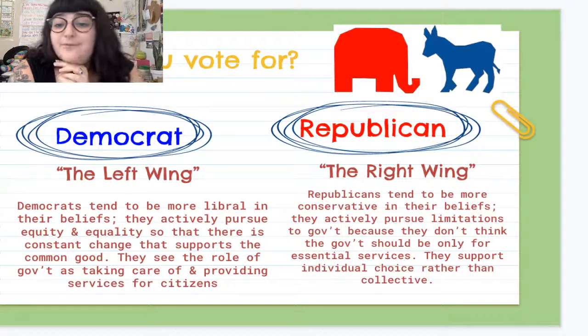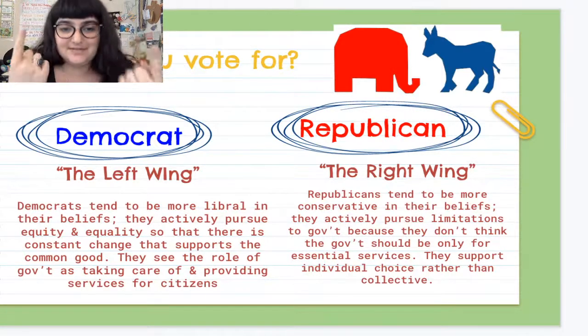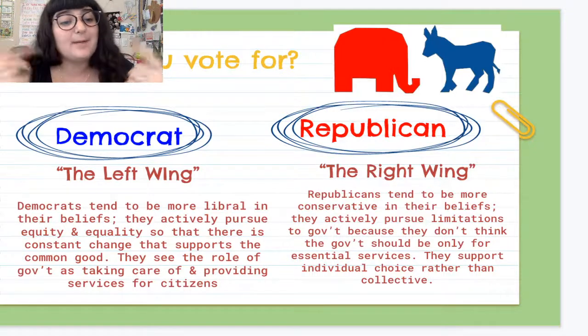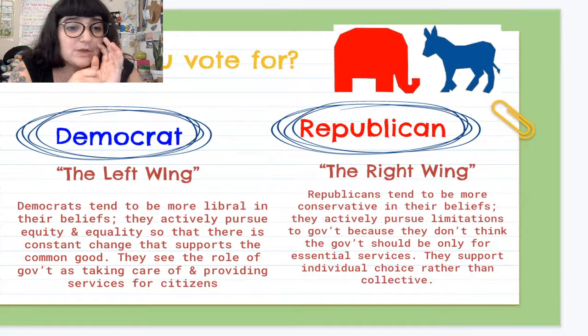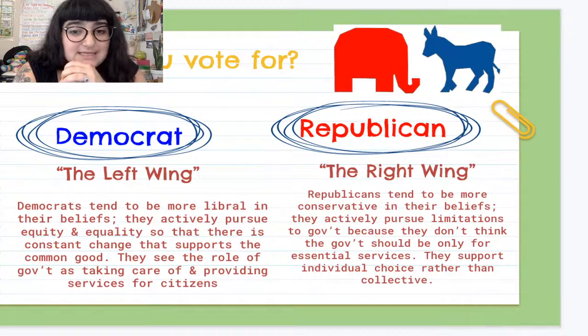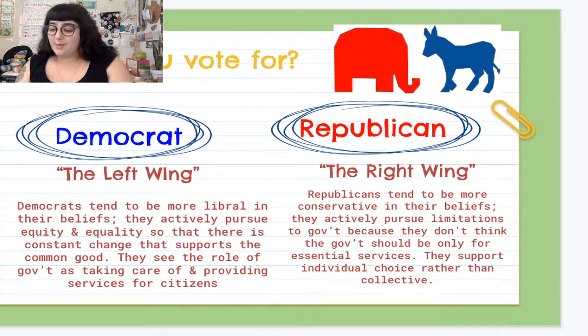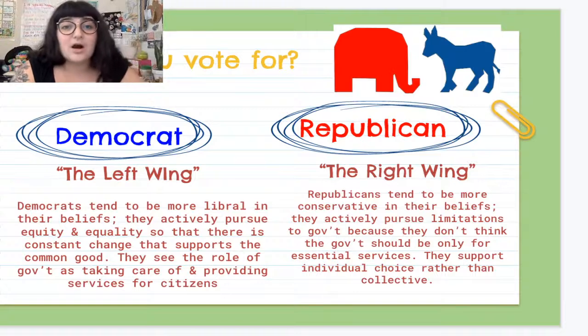We've gone over what values Democrats have versus the values that Republicans have. So in these voting realms, people either vote for Democrat or Republican, and there are some people who will not vote.